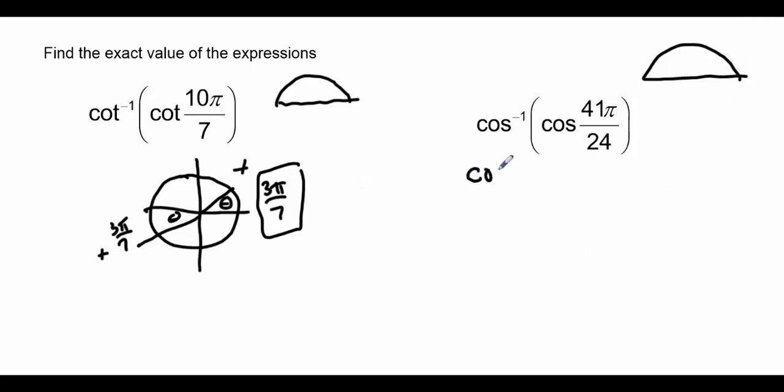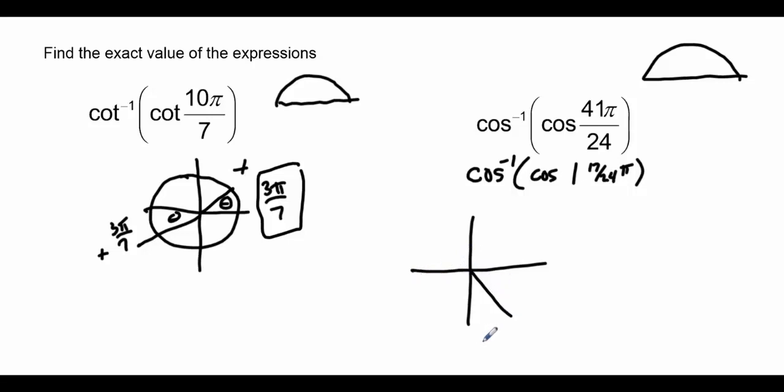But I know I can rewrite that just to make my life a little bit easier as the inverse cosine of the cosine of, I'm just going to go 1 and 17 over 24 pi's. All right, so now I have a little better idea of where that is. 17 over 24 is more than a half. So that's going to put me somewhere in the fourth quadrant here.